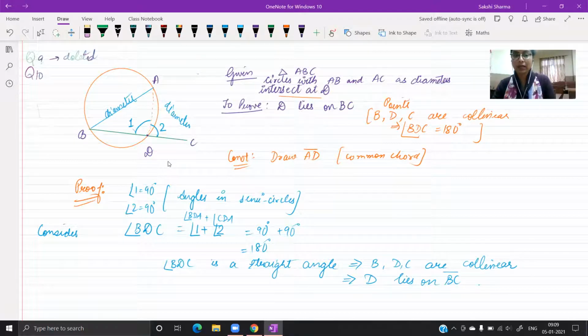The diameter is forming angle BDA, angle number 1. This one. And similarly, you can look at the other one.